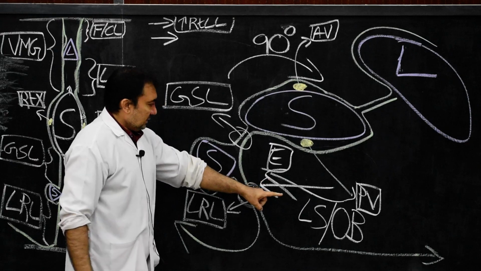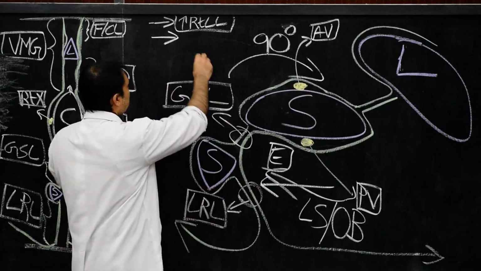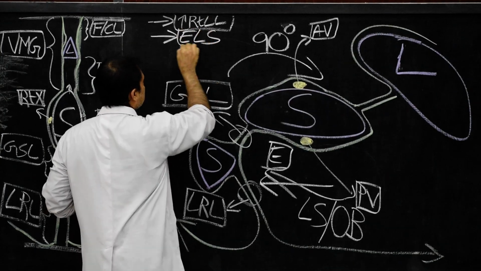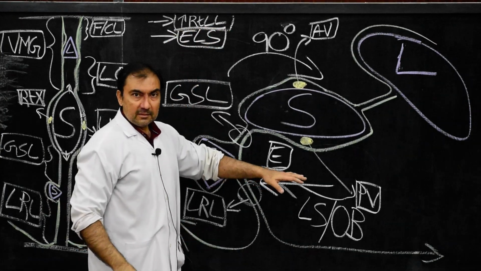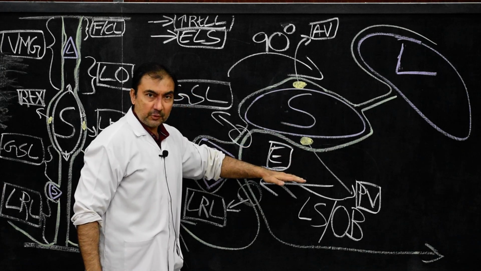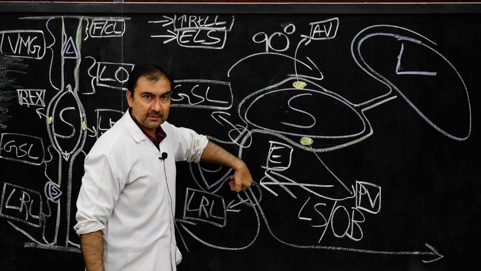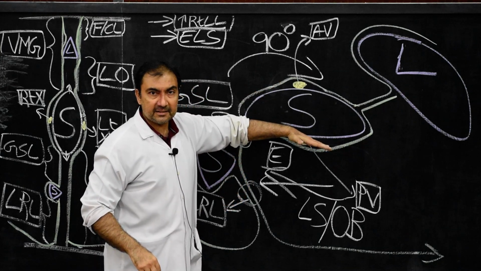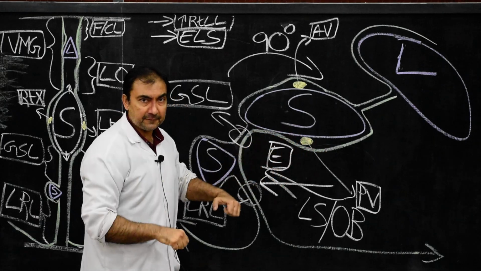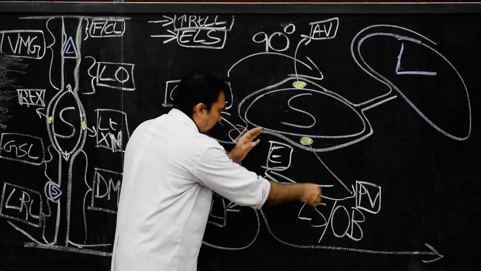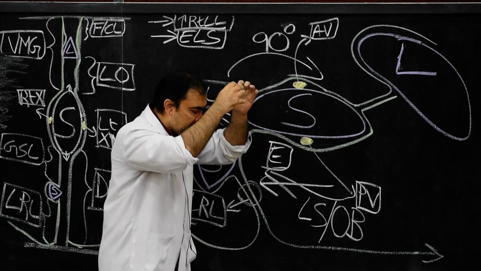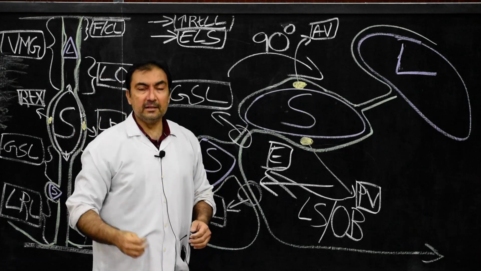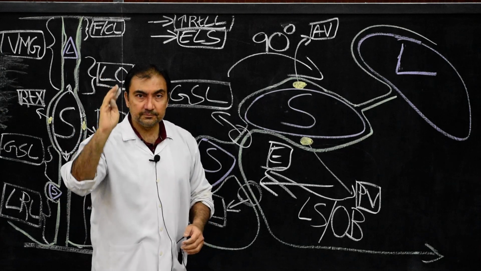Once again, we start with the lesser sac, and here I am going to write down, because of the extension of the lesser sac dorsal to the stomach, posterior to the stomach in the left direction, and because of that, what will happen? The stomach will rotate 90 degrees on the right side, and as a result of that, the dorsal mesogastrium, which is present here, will be extended in the caudal direction below the stomach in the form of layers of greater omentum.